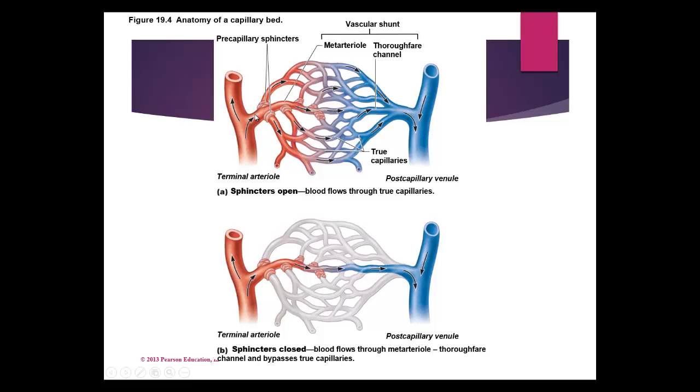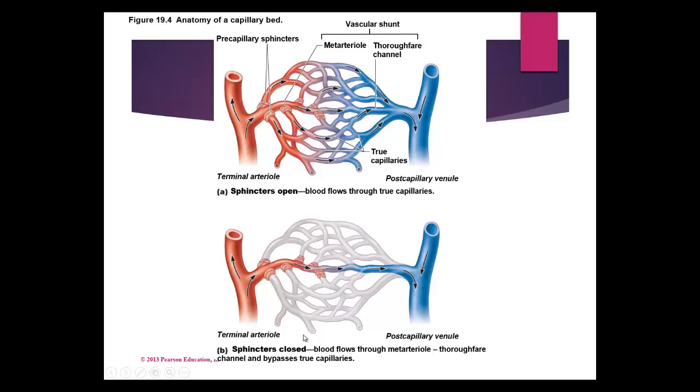And let's say, for example, we are in a stressful situation and the sympathetic nervous system is dominating. We would not want blood flow to go to our digestive tract. We would want to allow that blood to bypass the digestive tract and go right back to the veins and return to the heart. So this is where we can see these precapillary sphincters would constrict, and the blood would flow through the metarteriole right back to the veins to take that blood back to the heart.